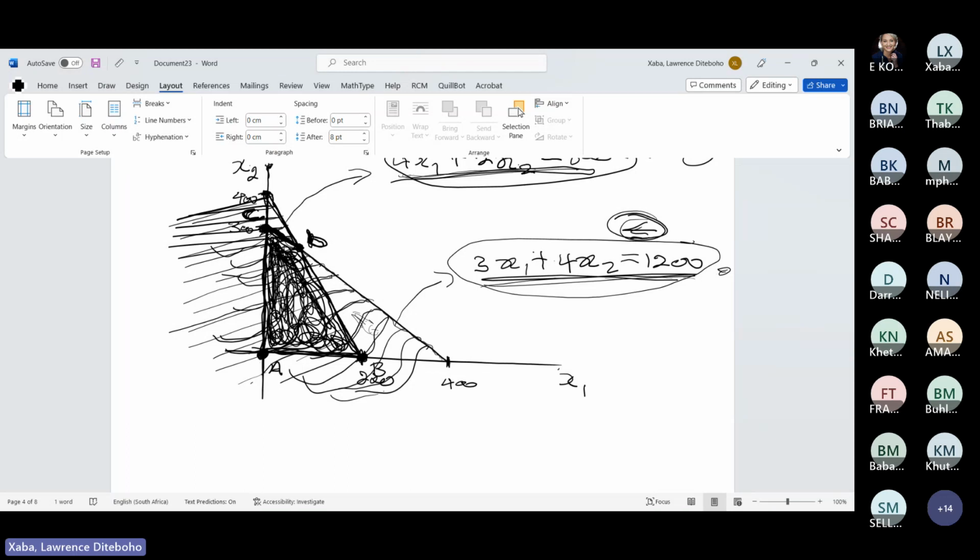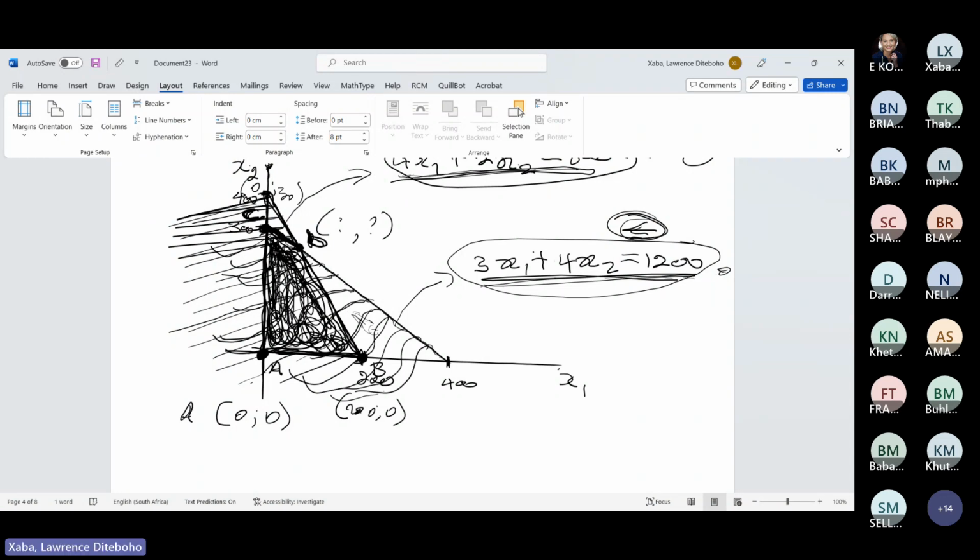For this one, we have 0, 0, so 0, 0 represents A. Then for B, we have the value of x1, and x2 is going to be 0. Then here there's an unknown. Then for C, we have 0 that goes with 300.